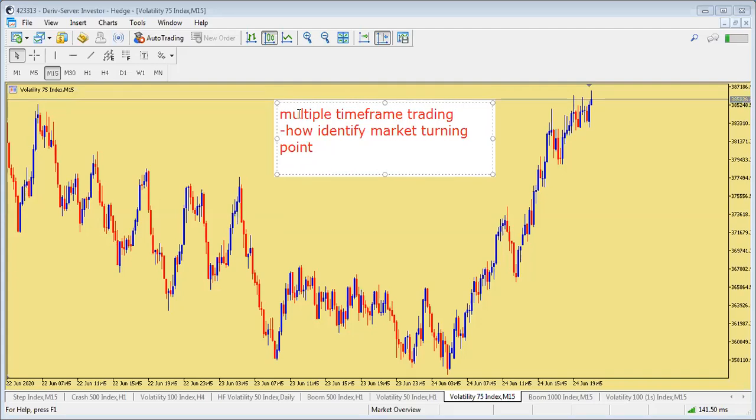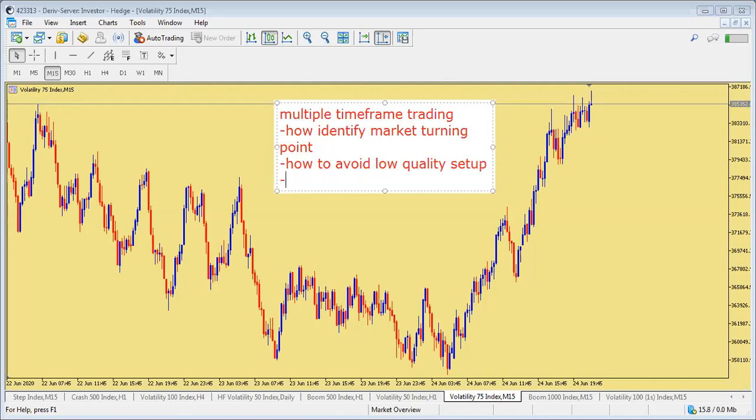Then you have to know how to avoid low quality setups.